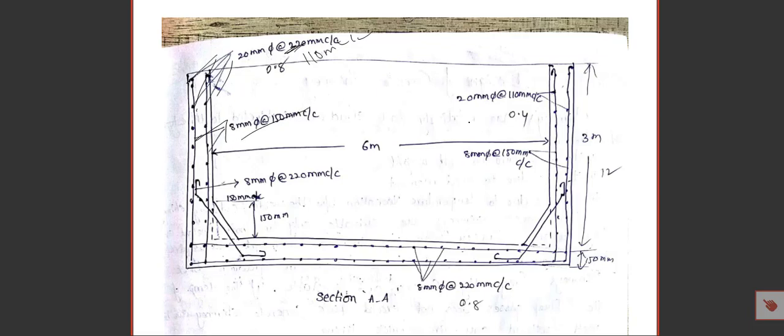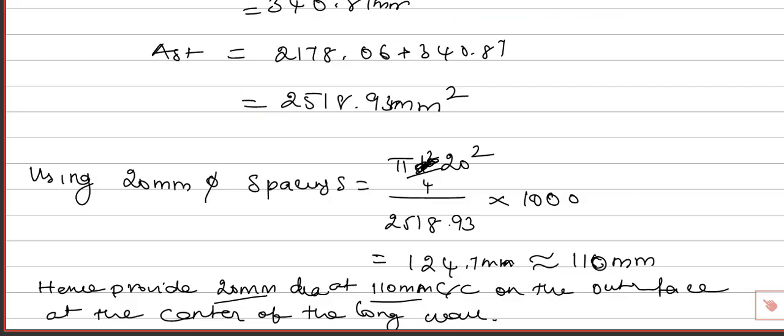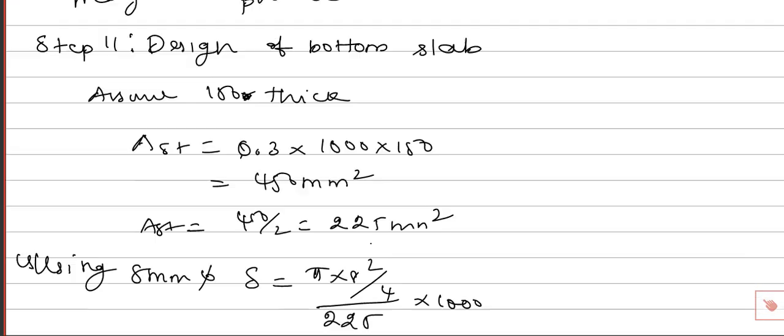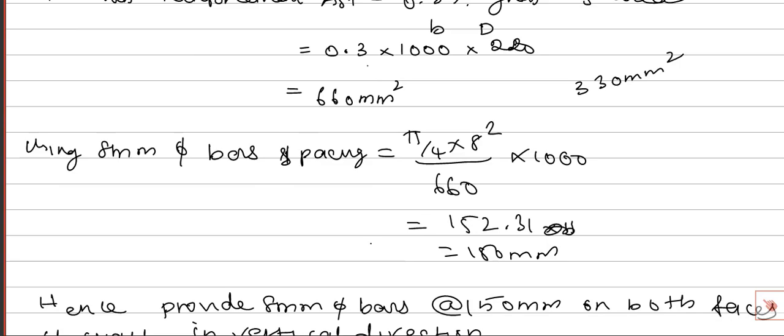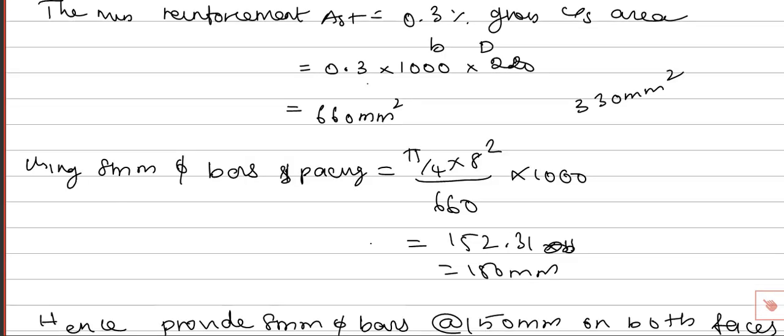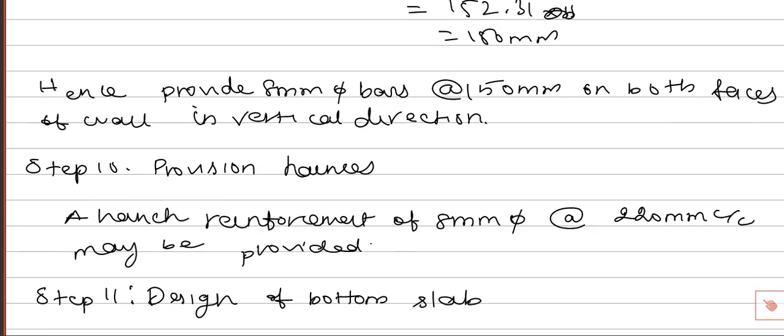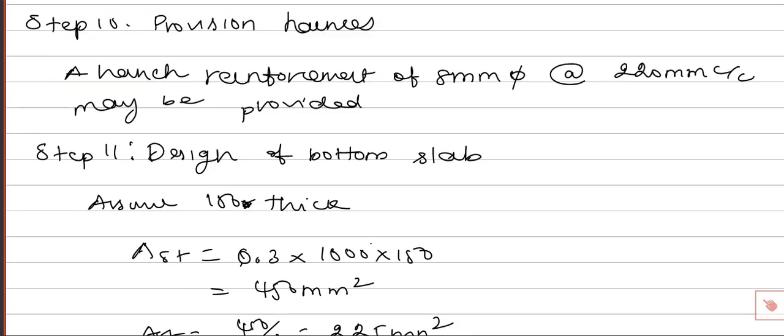That is a minimum reinforcement. Next, this one is the cantilever moment, up to 1 meter. What are the rod dimensions for the cantilever moment?